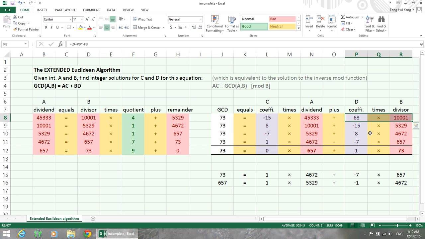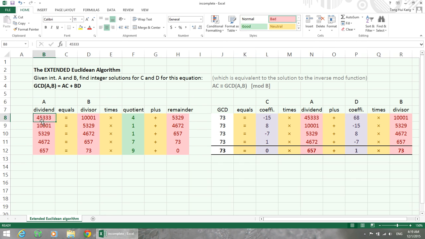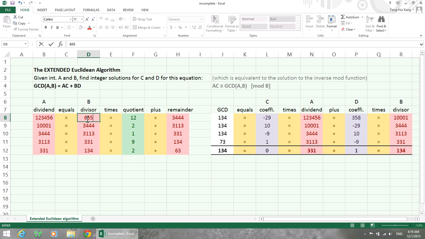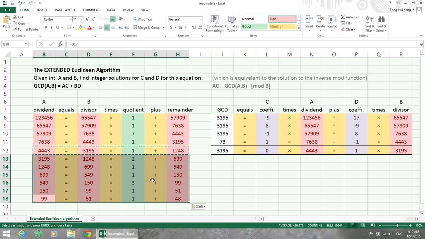We will now move on to another set of numbers to show that this algorithm works in general. So let's clear this scribbling first, and use the numbers that you're familiar with. There. So there's enough lines. Let's copy and paste.